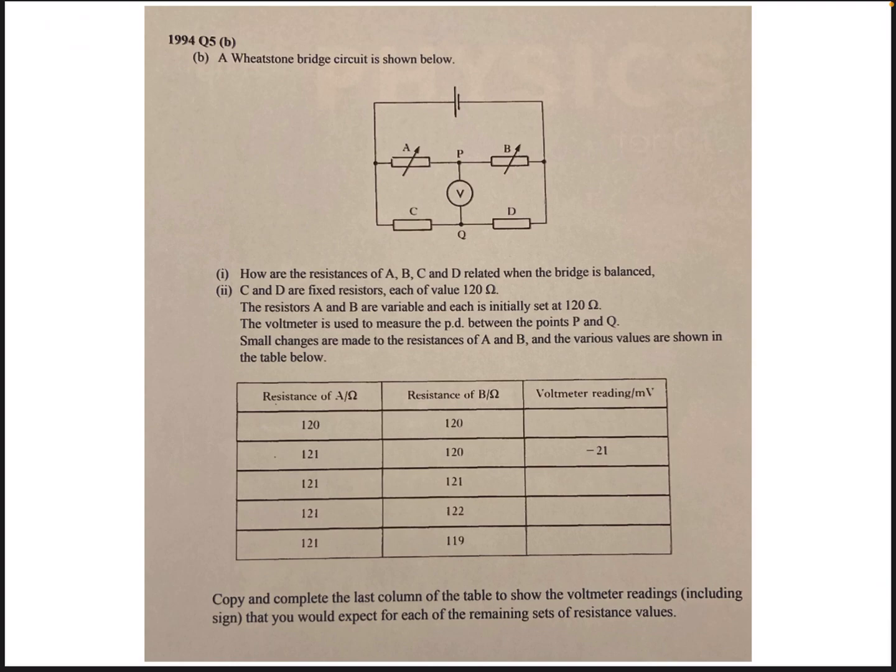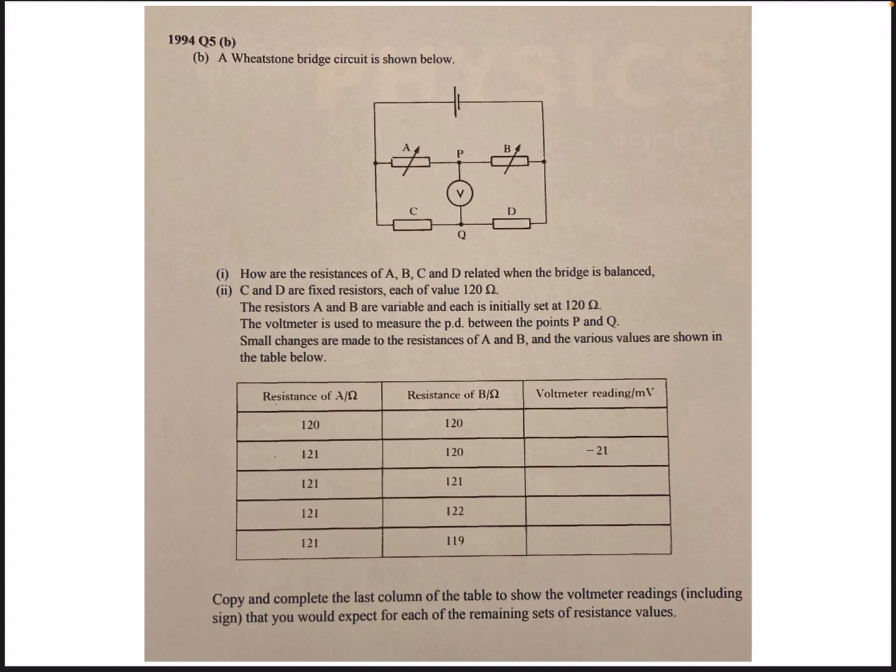So if you look at that second row of the table, what that's saying is that if A was 121 ohms and B was 120 ohms, the voltmeter reading is minus 21 millivolts. Now the minus is to do just with which direction the current is flowing, basically. So that's whether the left-hand side is the bigger one or the right-hand side is the bigger one. It's almost just like a vector telling us which way around it goes. So don't worry too much about what that minus means.